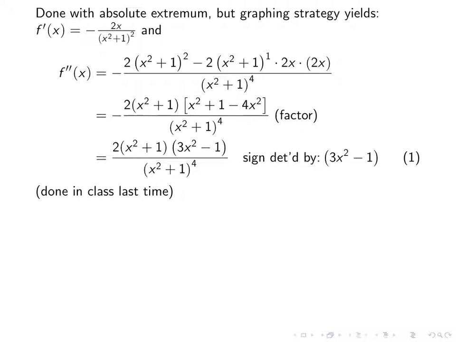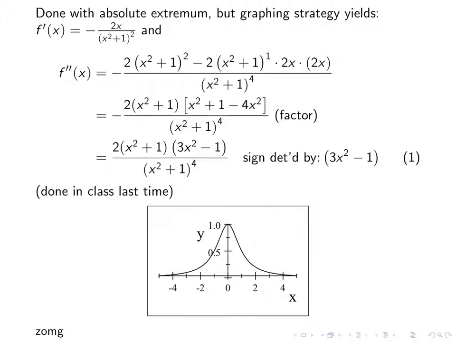As I said, we did simplify this f double prime by factoring out the x squared plus 1, and in case you missed that or want to see it again, here it is on the slide, so you can pause here and look at the simplified factored form of f double prime, even though that's not required for finding the absolute max.